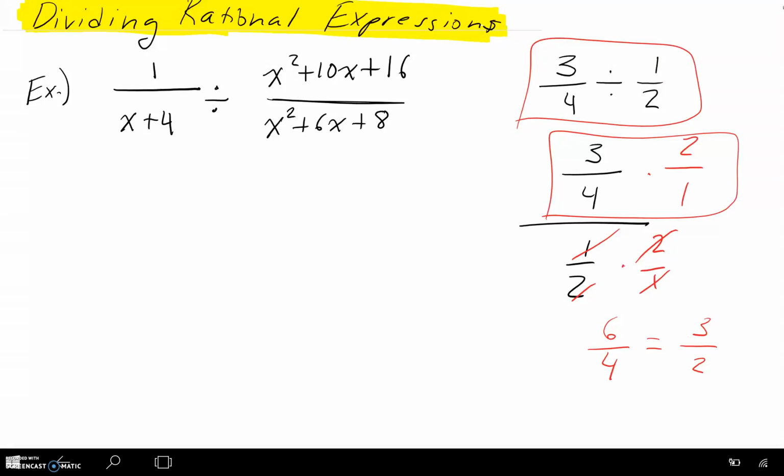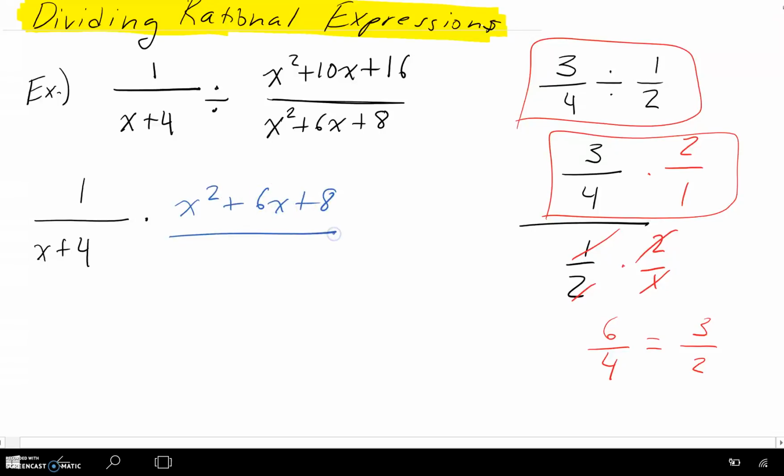Now I'm going to do something different in this problem than I did with the previous one. Instead of multiplying first, this will become 1 over x plus 4, and since I'm eventually going to be multiplying by the reciprocal, let's do that part now. x squared plus 6x plus 8 all over x squared plus 10x plus 16.